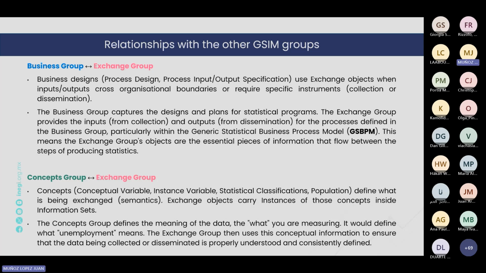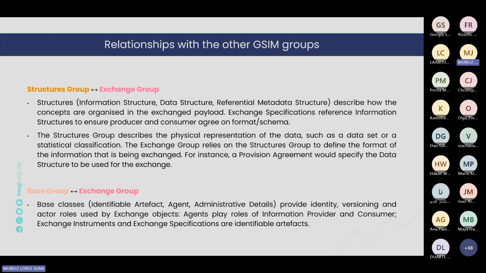The exchange group makes sure that the data being collected and shared is properly understood and consistently defined according to these concepts. The structures group describes the physical format and the organization of the data. The exchange group relies on this to ensure that everyone agrees on the format of the information being exchanged.